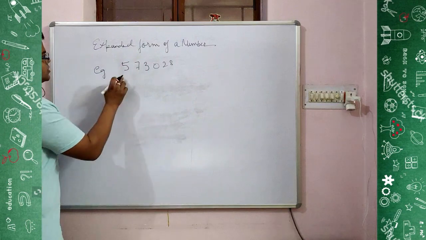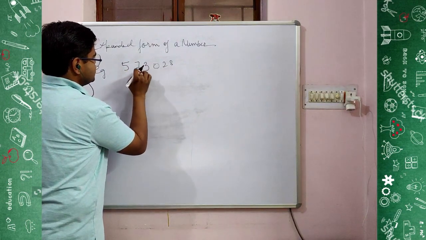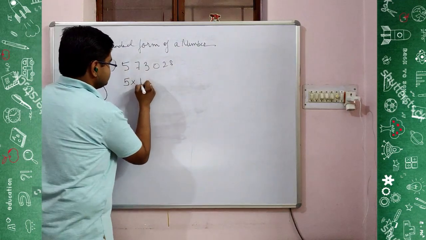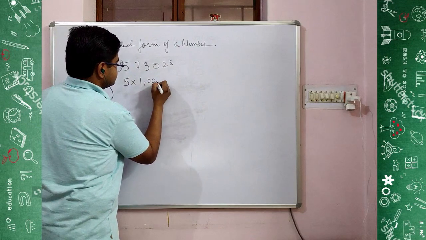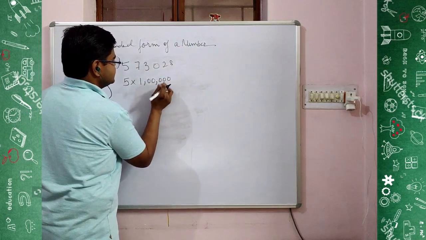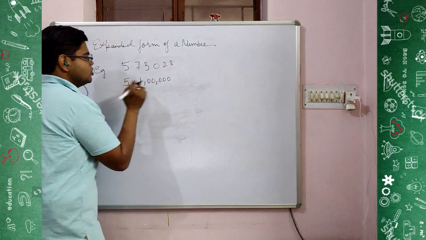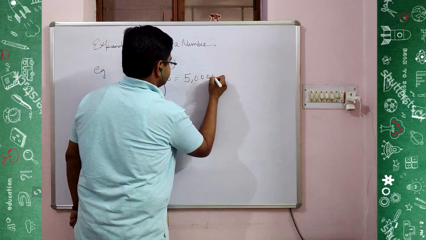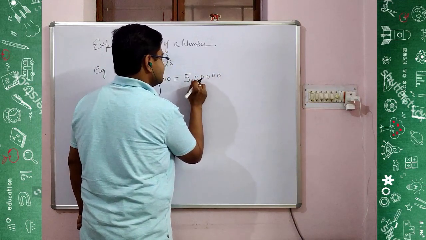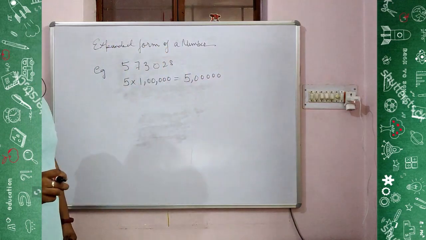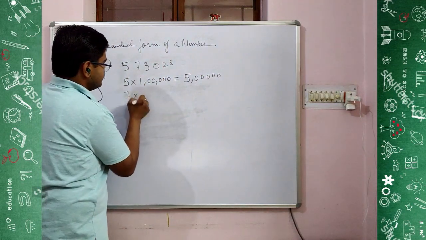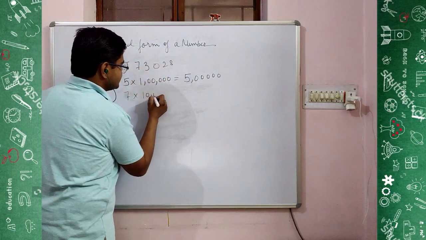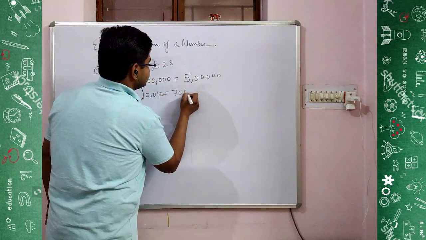Here the place value of 5 will be ones, tens, 100, 1000, 10,000, lakh. 5 into 1 lakh. 5 lakh. Now 7 into ones, tens, 100, 1000, 10,000. 7 into 10,000, 70,000.